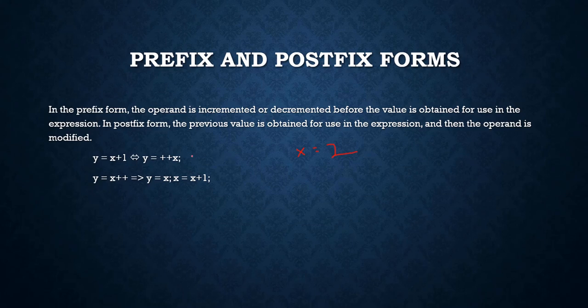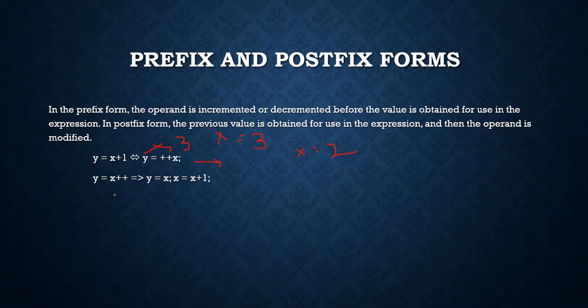Let us first talk about the prefix form. If x is equal to 2 and y = ++x, the value of y becomes 3, and the value of x is also equal to 3.